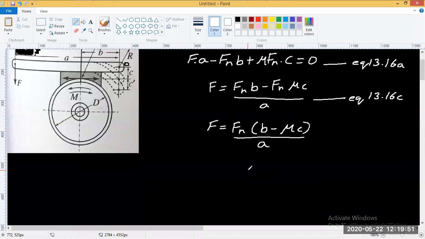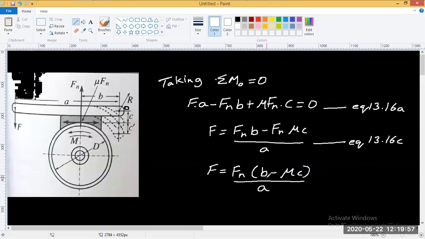Okay, so from here there are three different possible cases. How three different possible cases, you ask? See here, if b is greater, that means this will be positive and this value will be positive, which means you need to apply a positive amount of force. Some force needs to be applied, right? So this is a desirable condition.